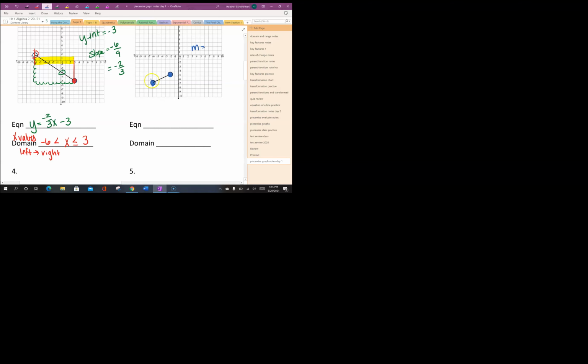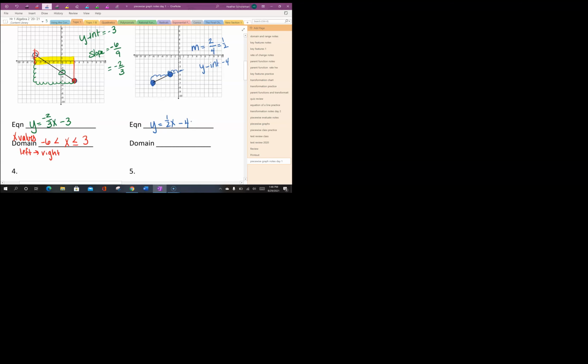So we're going to have to go up 1, 2 spaces, and we're going to have to go to the right 1, 2, 3, 4. So our slope is 2/4, which would be 1/2. And now we're going to use our 1/2 to figure out more points. So if I go up 1 and over 2, now I can see that my y-intercept is -4. So my equation is going to be y equals 1/2 x minus 4.